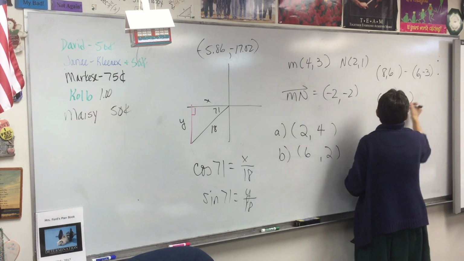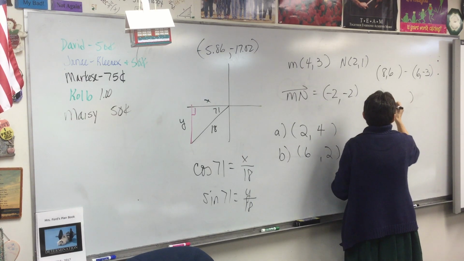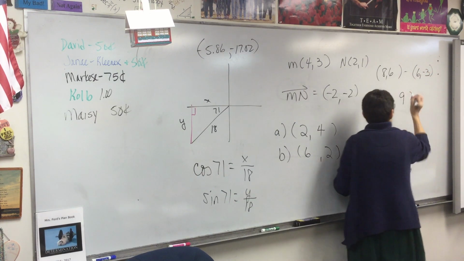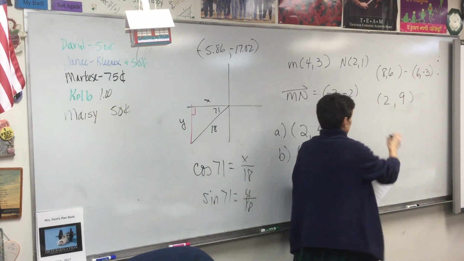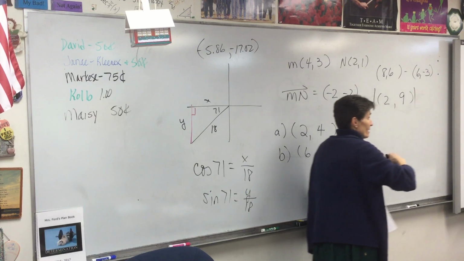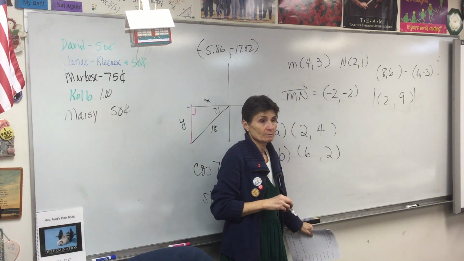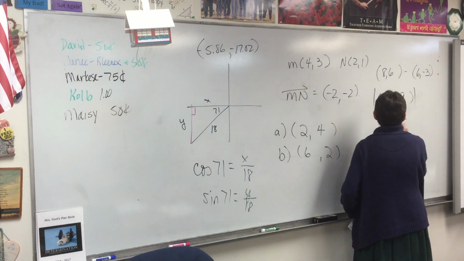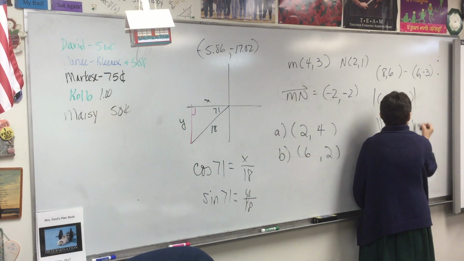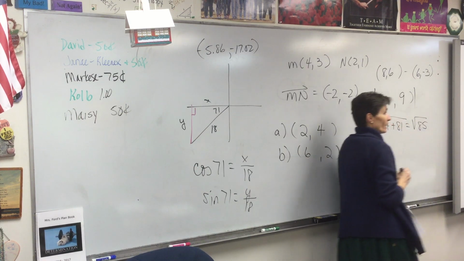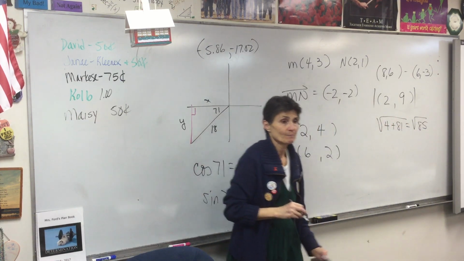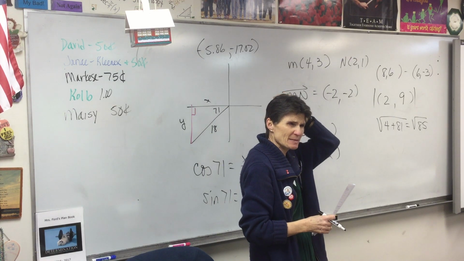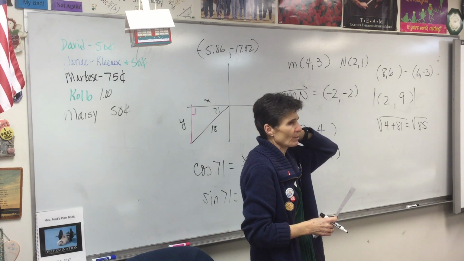So here we go. 8 minus 6, 6 minus negative 3. 9. Done. Oh, no, we're not. We need the magnitude. 4 plus 81. So we do the square root of 4 plus 81, which is the square root of 85. That is an answer, but it doesn't break down. I think it's 5 times 17, so it doesn't break down.